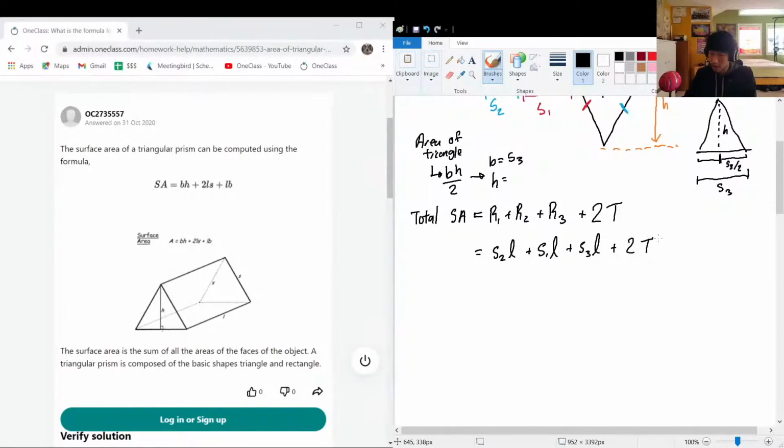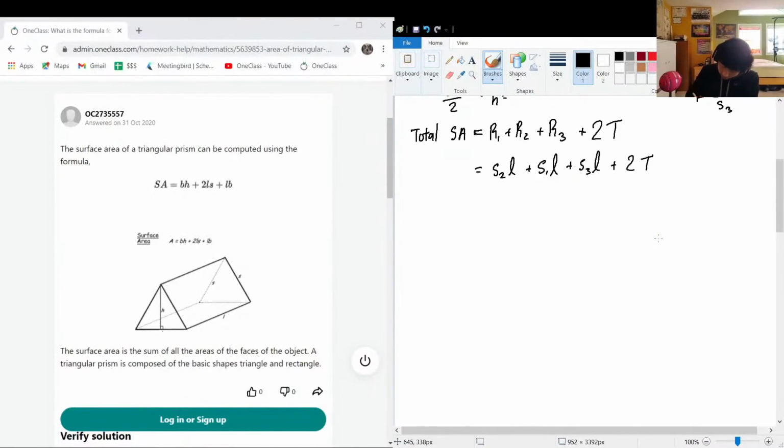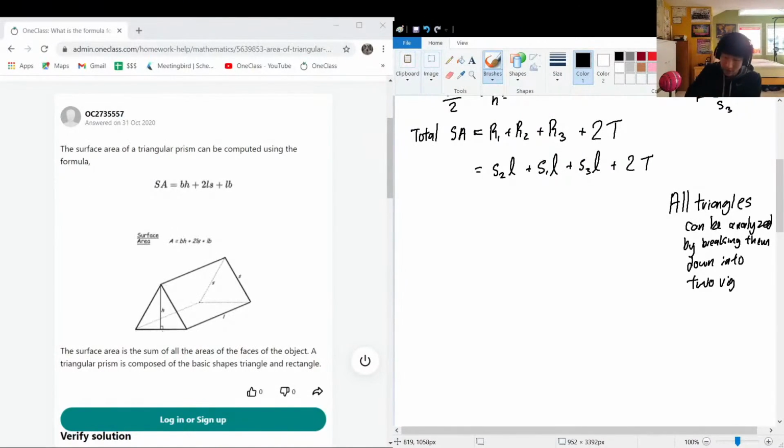Okay, but regardless, all triangles can be analyzed by breaking them down into two right angle triangles.